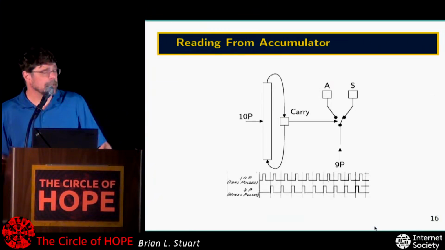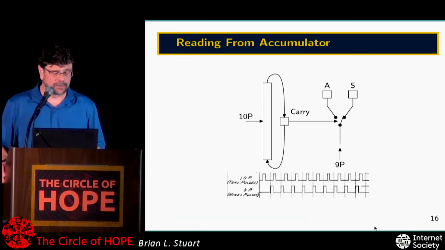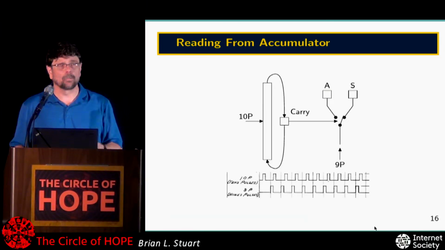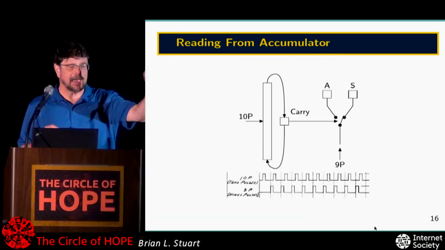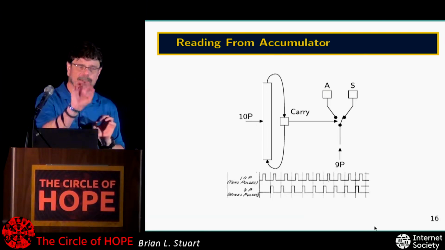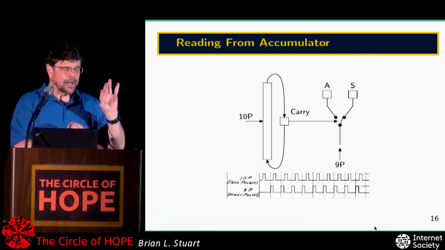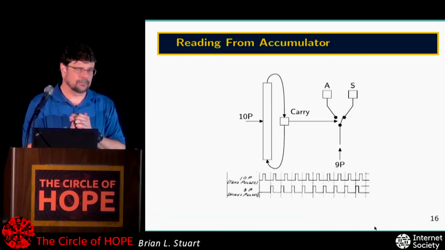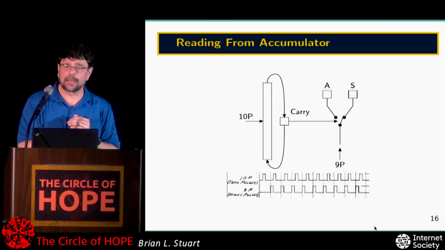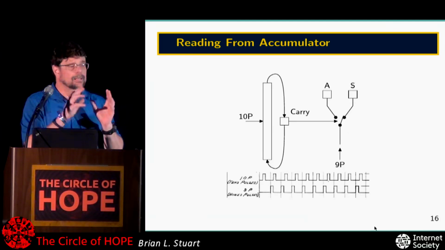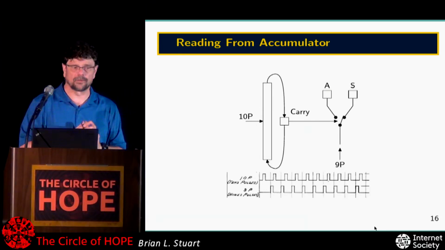Now, within that unit then, if I want to read the data out, how do I do it? Well, remember I've got the A output and the S output. A is where I want to do things additively, S is what I want to do subtractively. So what I would really want to do is send the data value out the A, and send the 9's complement out the S. Another way to think of that is I've got a total of 9 pulses I want to send.